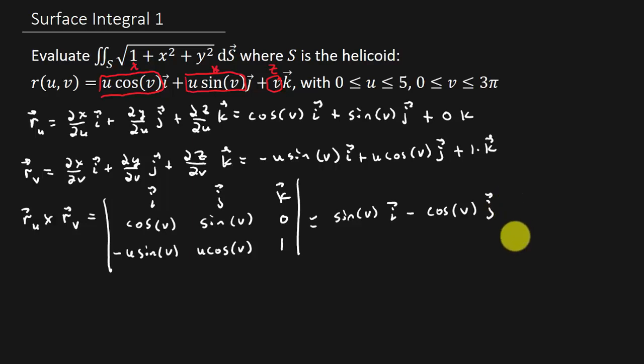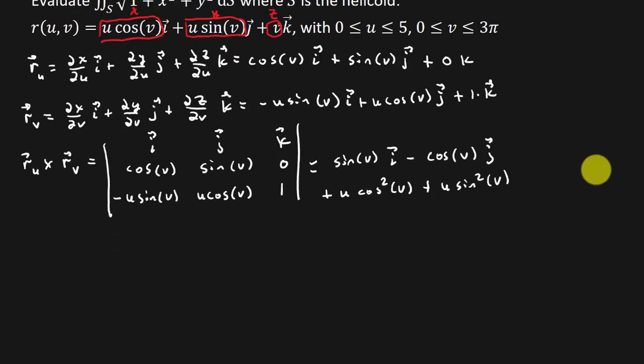So that's going to be plus u cosine squared v, minus this times this, so it's minus this product, and then the minus and minus is going to make a plus, so that's plus u sine squared v.